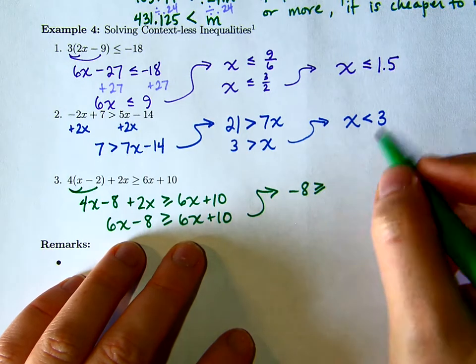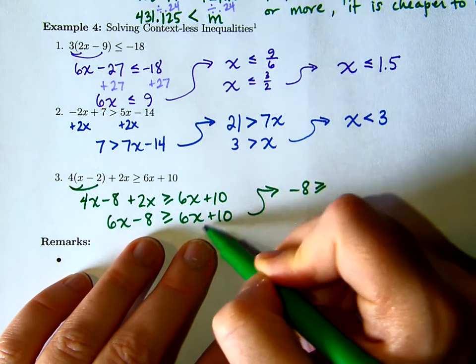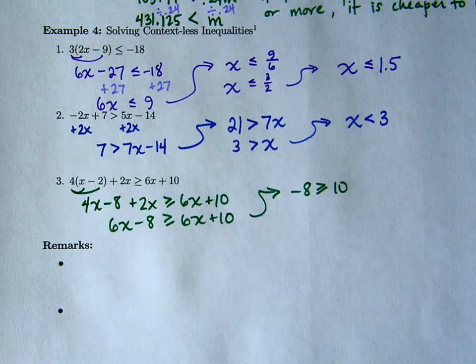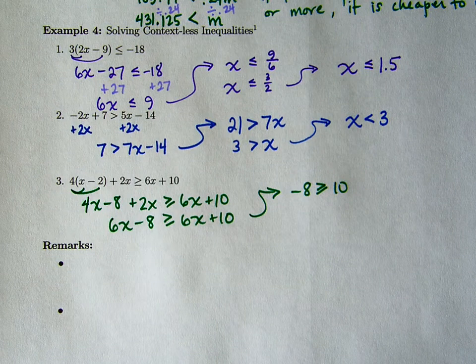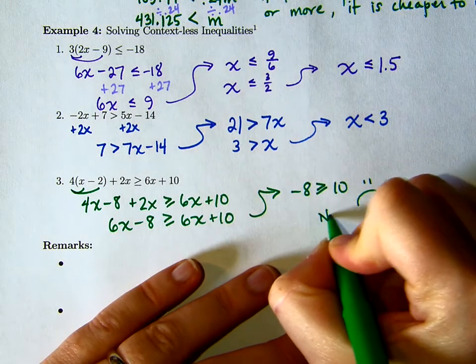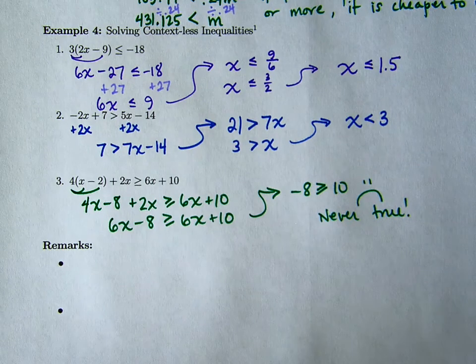So take away the 6 x's and we would have negative 8. Take away these 6 x's and we would have 10. It says negative 8 is greater than or equal to 10. That is just never true. And that is the answer to this problem.